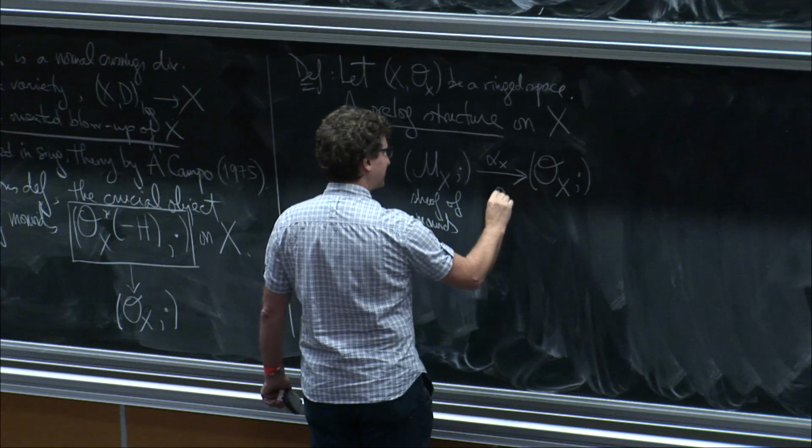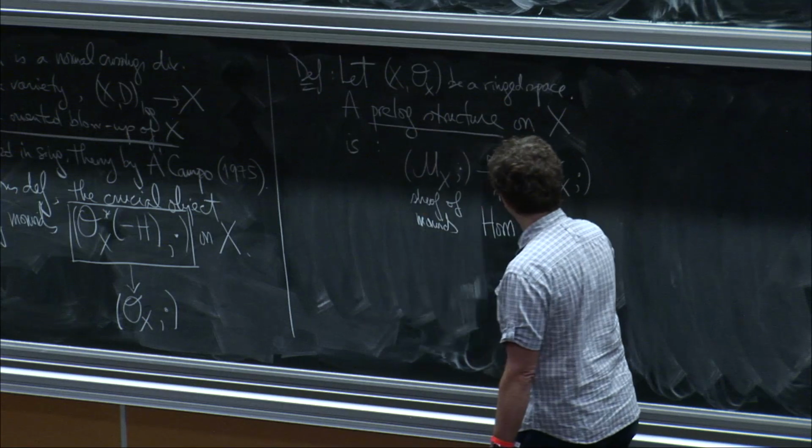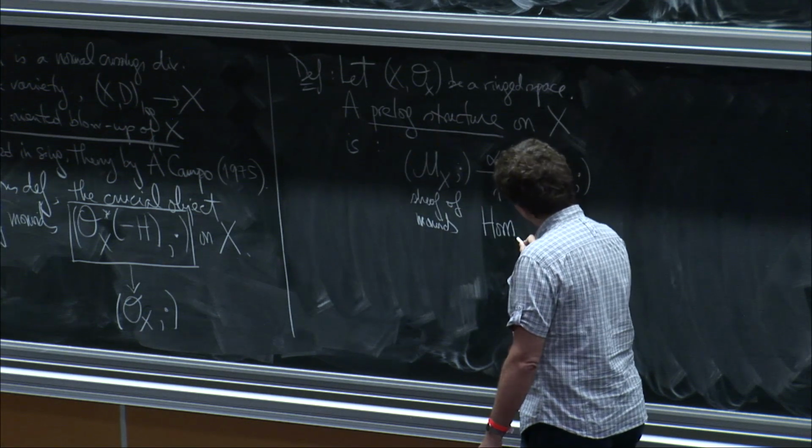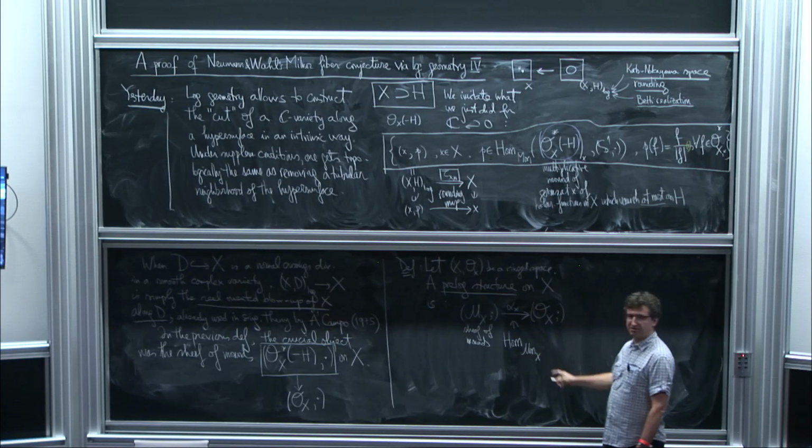And this is an arrow in the category of morphisms of sheaves of monoids, so Mon over X, the category of sheaves of monoids.